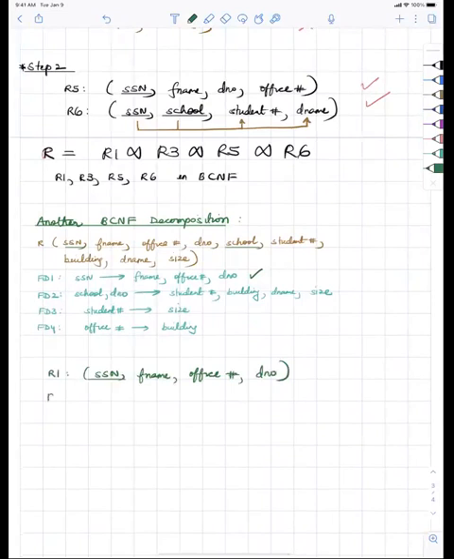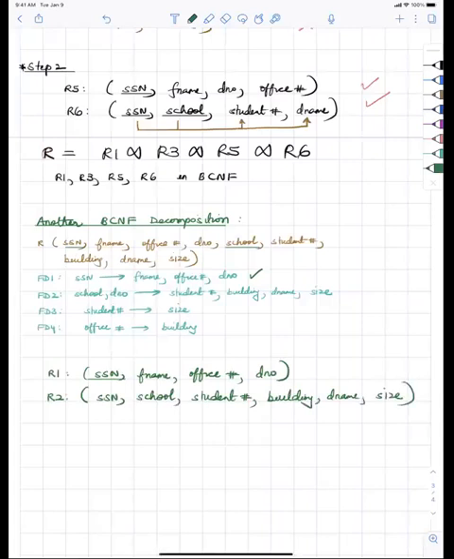And then R2 is going to be SSN, office number, D number, school, student number, building, D name, and size. Here SSN and school are the key, but here we have other attributes.